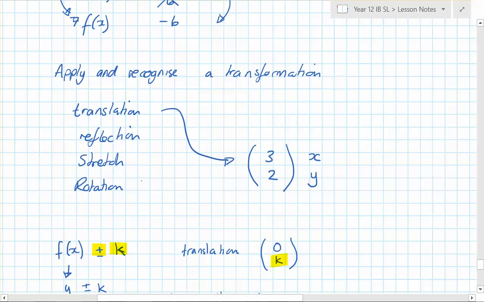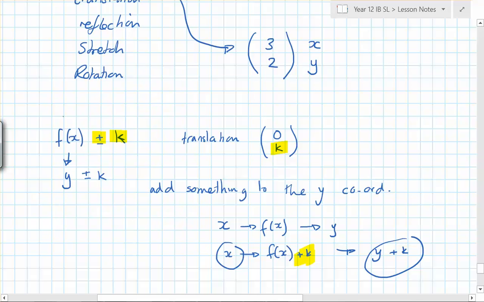The translation of a function was what we were working on first. So this here is the vector of translation, x and y, so if it moves left and right, up and down. Then we looked at if I have f of x plus or minus a particular value, it applies a translation of 0, k in whatever direction.